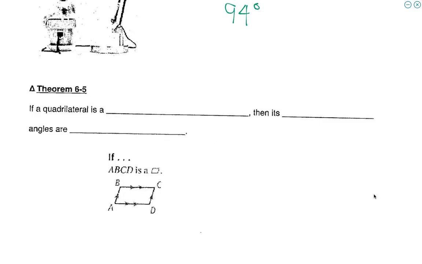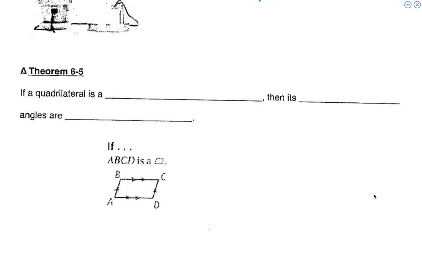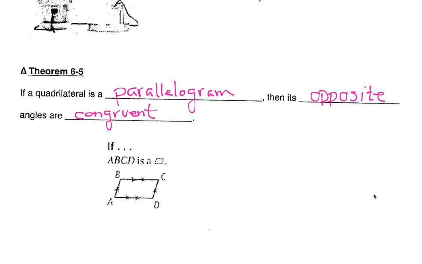All right, so theorem 6.5 is basically going to go ahead and put into place hopefully what you picked up on before, because each vertex has two consecutive angles, and it's supplementary to both of those. That means that if a quadrilateral is a parallelogram, then its opposite angles are congruent. Which hopefully makes sense.